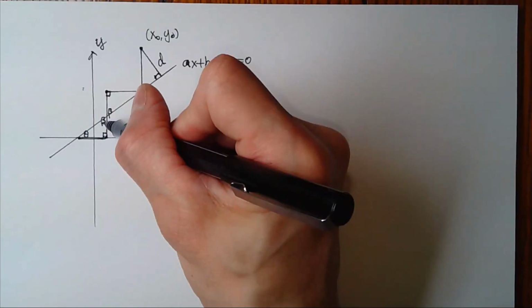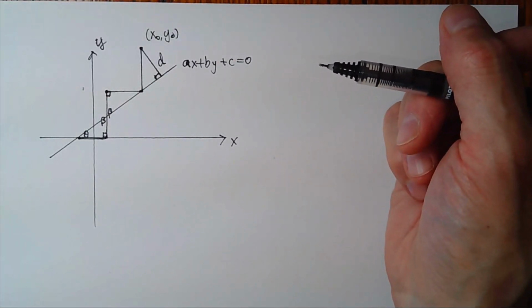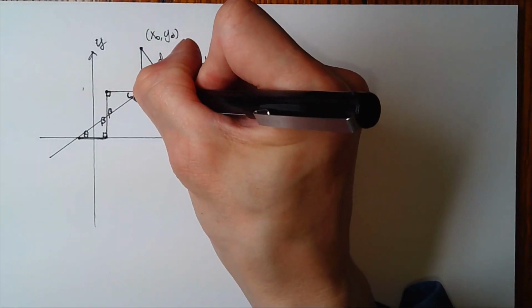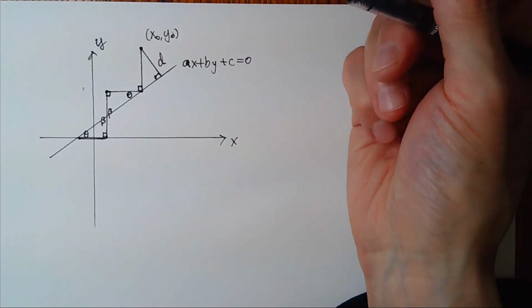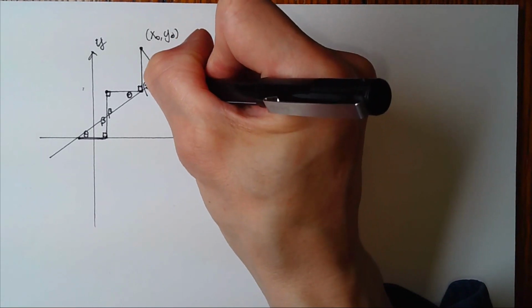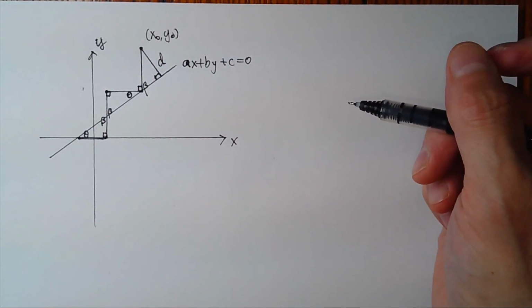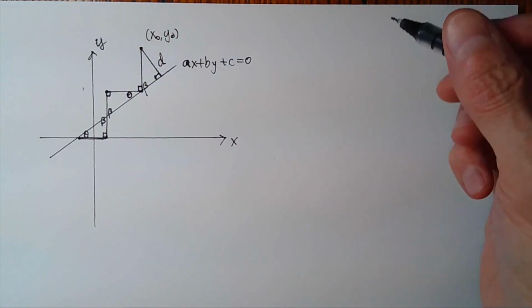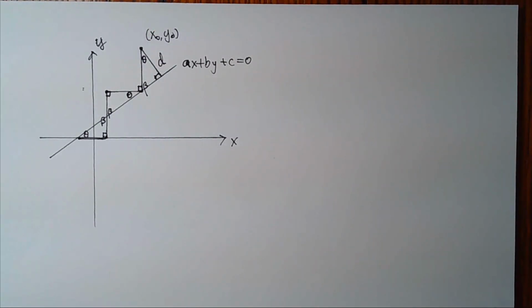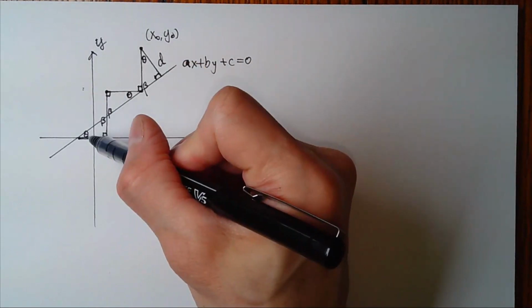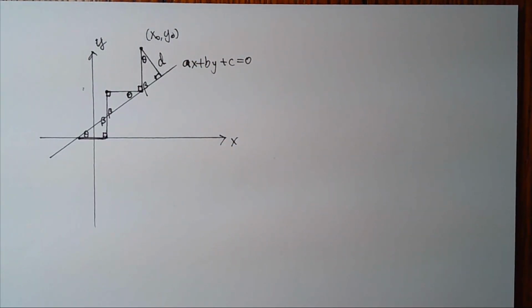And theta plus beta equals 90 degrees, so this one will be angle theta. It is a 90-degree angle, so this one has to be angle beta. And this one will be angle theta. So these two angles are the same.